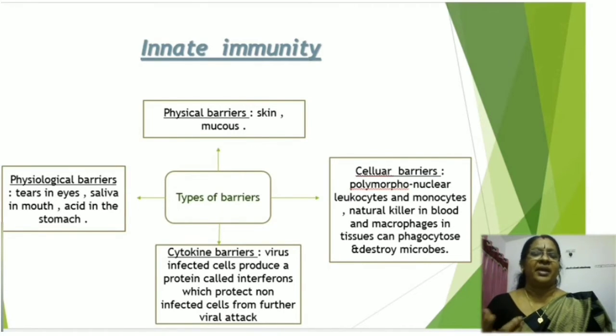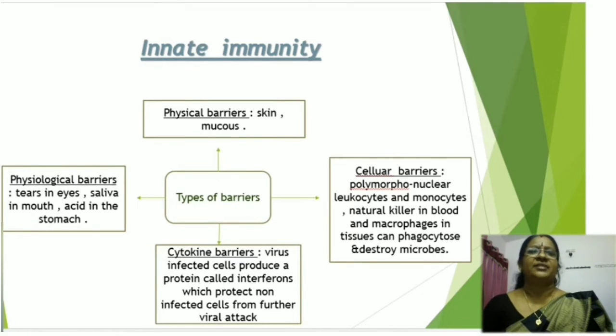The physiological barriers are tears in the eyes, saliva in our mouth and acid in the stomach, all of which trap disease-causing microbes. The cellular barriers are the WBCs: the PMNL, that is the polymorphonuclear leukocytes, monocytes, and natural killer cells in our blood, and macrophages in tissues. They phagocytose and destroy microbes.